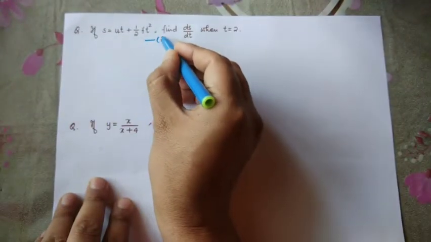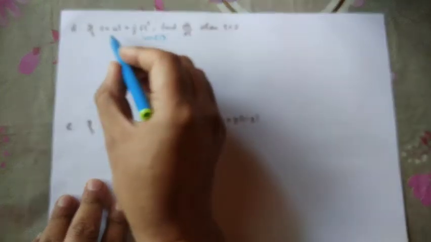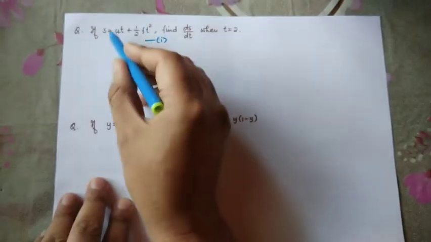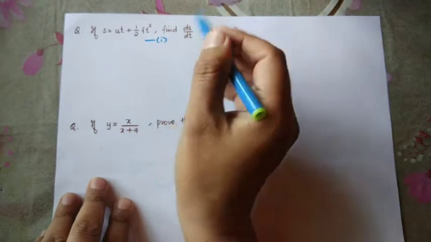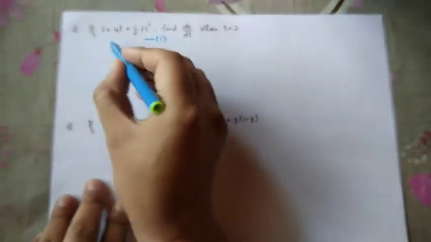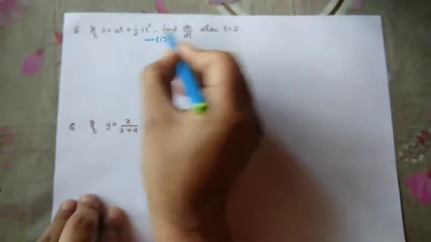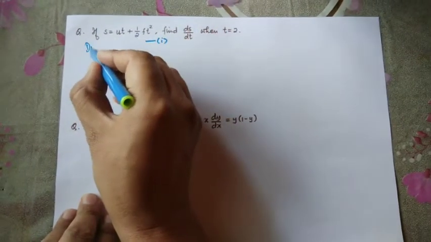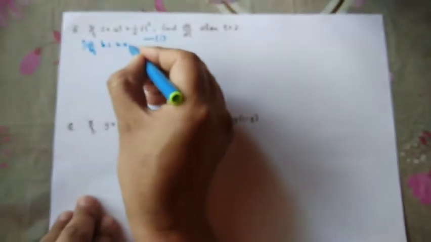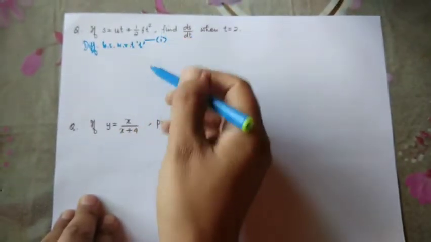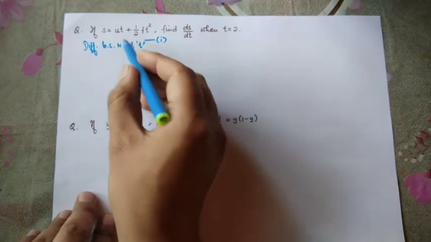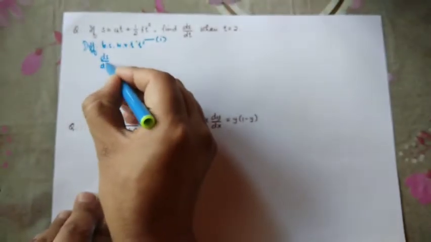S is given to be this much, so let me call this 1, or you can directly write given s equals ut plus half ft squared. Then you will write differentiating both sides with respect to t, because here the variable is t. Now when you differentiate, this becomes ds by dt.